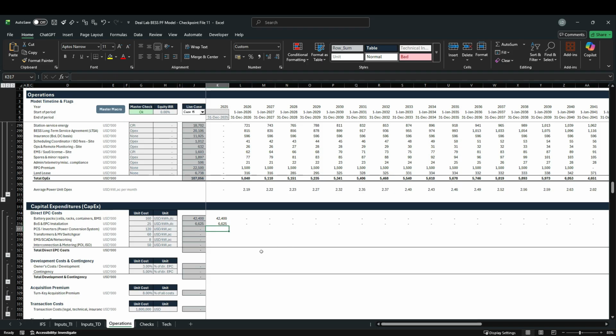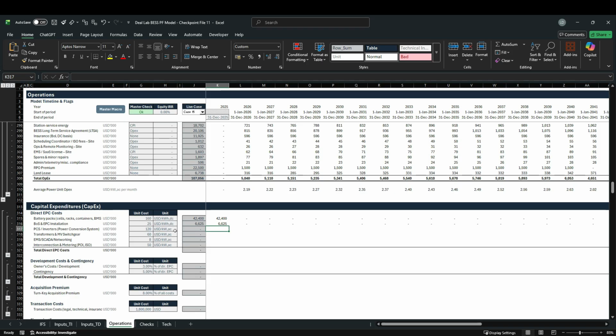And then we can move on to our next 4 items, which is our power conversion system or inverters, something we have learned in the previous lessons, as well as the transformer, which we also learned about in one of the previous lessons, the energy management system, and interconnection costs. And this one is going to be given in a unit in US dollar per kilowatt AC.